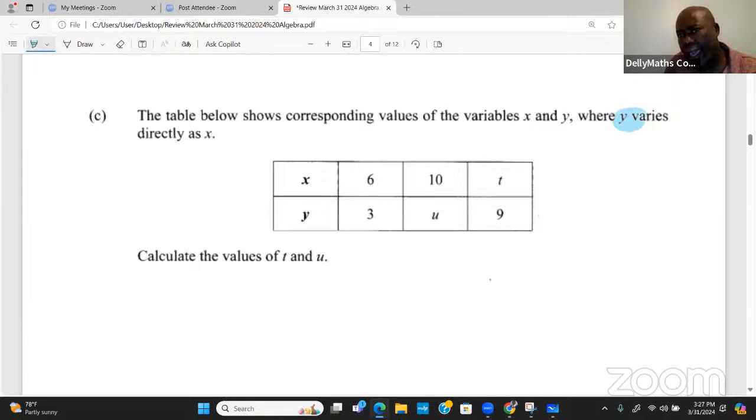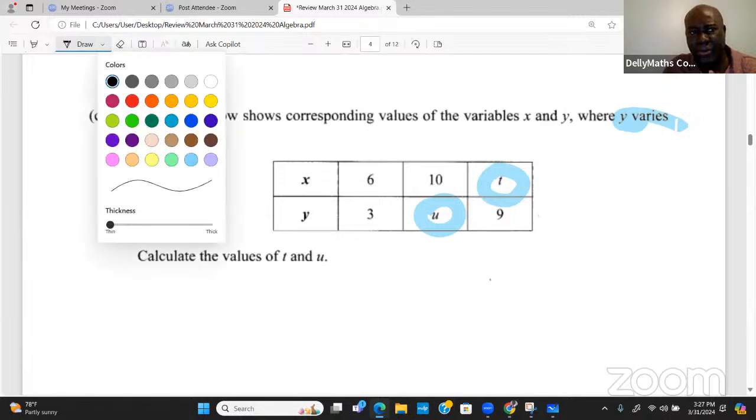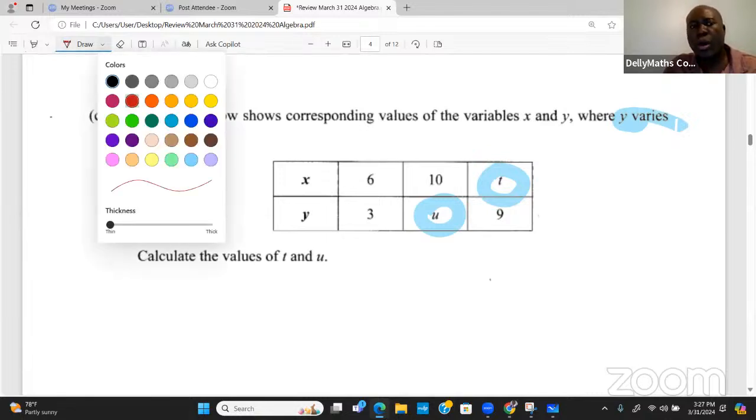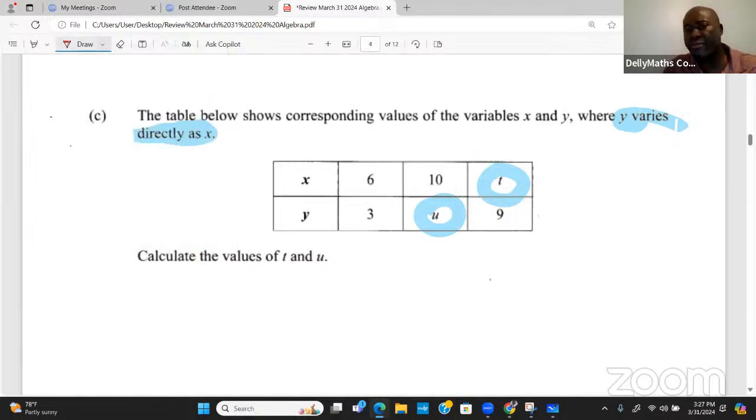It says y varies directly as x. Now, we are required to find a value for x and for t, should say, and a value for u, ultimately. Remember, though, that we were told that y varies directly as x, and this is how we set that up. So we want to set up this formula, and it's going to work for us every time we're going to solve a problem.